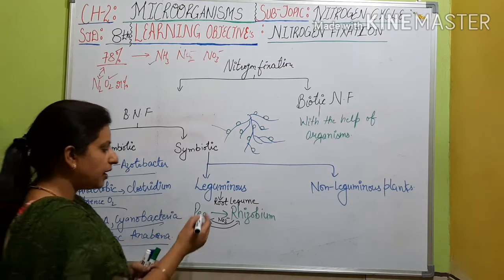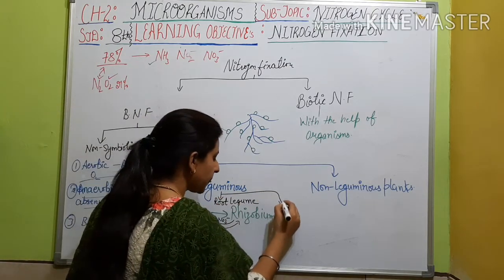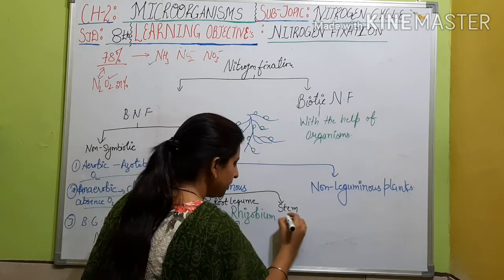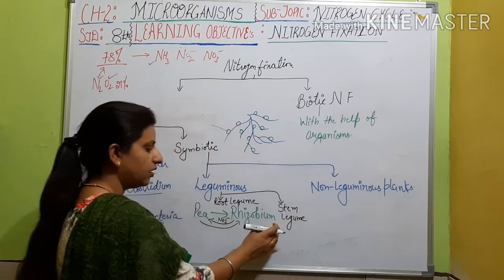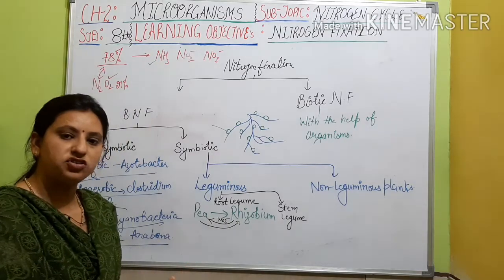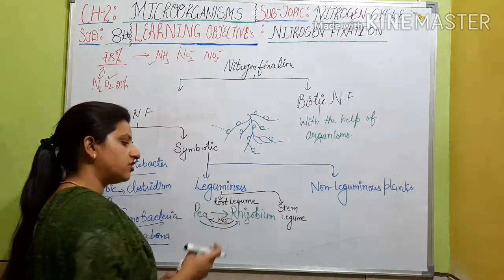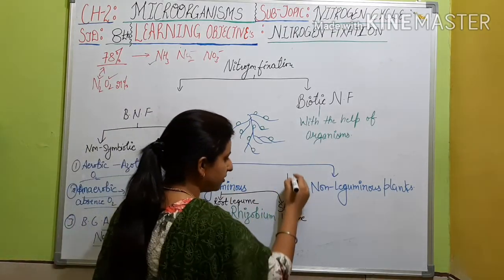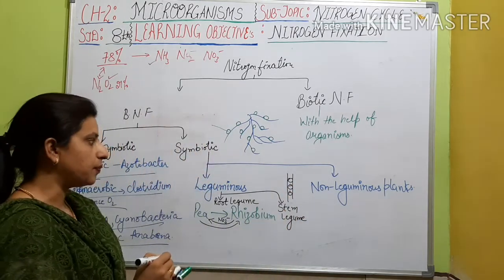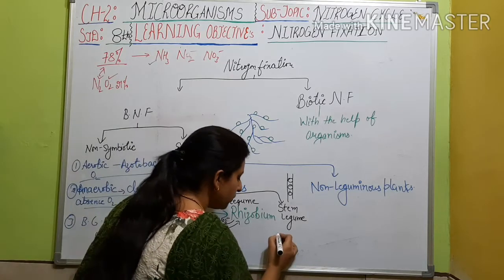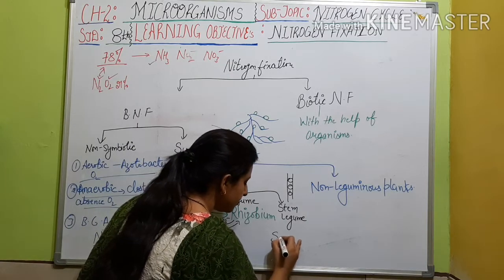So the second part is the stem legume. This is very rare. Very rare plants are there which have these nodule-like structures in their stem. This is the stem, and this kind of nodules are present in the stem. In this we will take the example of Sesbania.